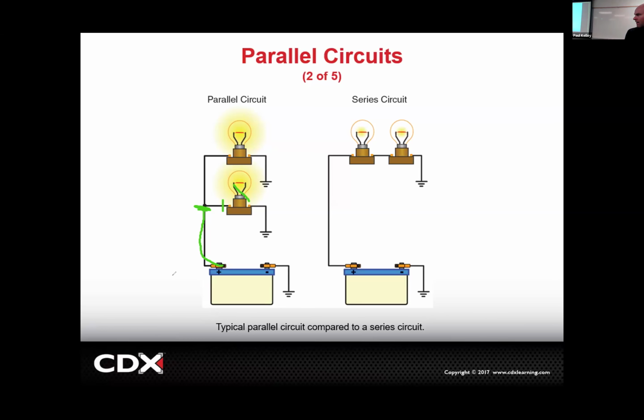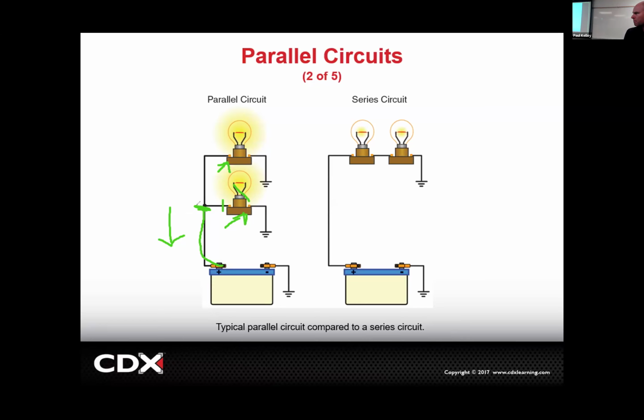So a lot of diagnosing a parallel circuit is just determining, is it in this part of the circuit, or that part of the circuit, right? If it's going to be down here, both bulbs are not going to work. If one bulb is not working, it can't be this part.